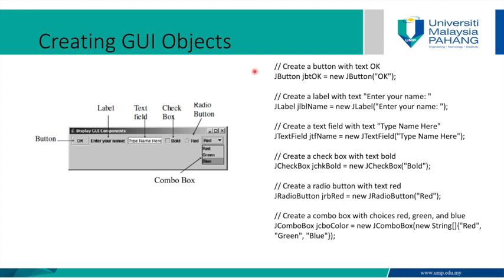These are the examples. For example, if you want to create a button, you can just use JButton, new button, and then examples of how you can create a label and how you can create a text field, etc. There are a lot of examples you can refer to online too.